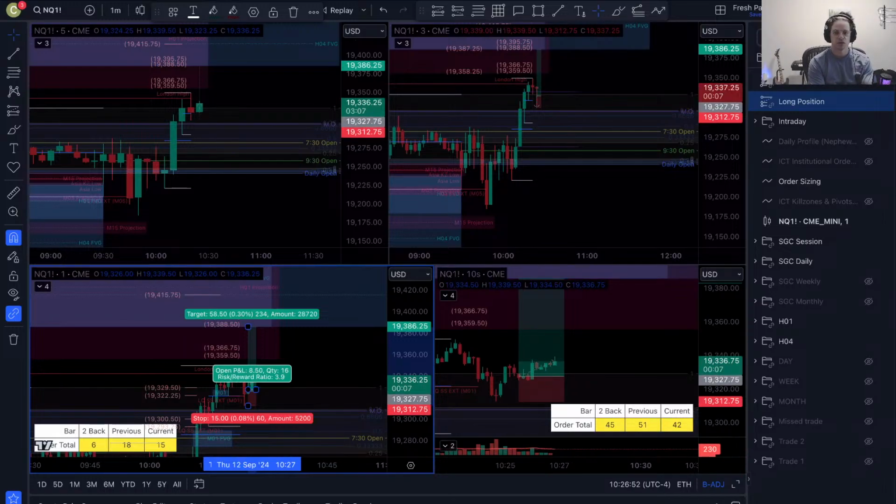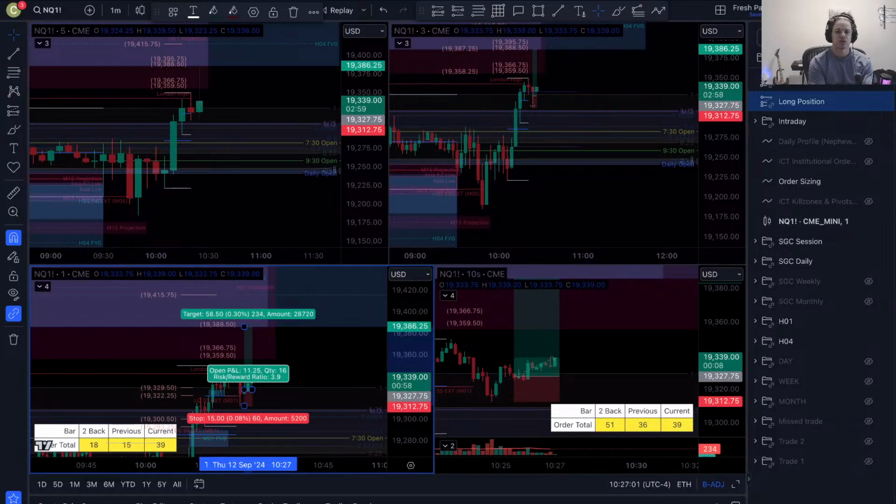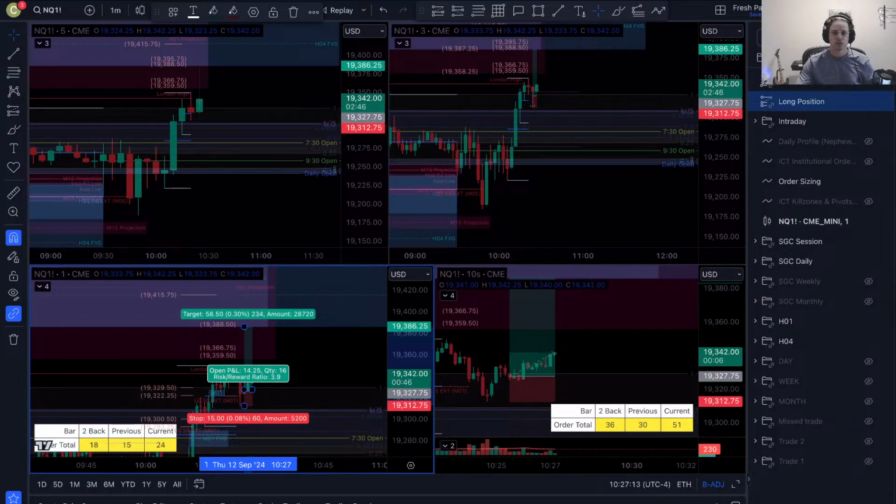So get this push up. It's also an AMS entry forming. Which means I can put my stop up below the AMS entry. That should be the one-to-one target here. Okay, there's one-to-one.